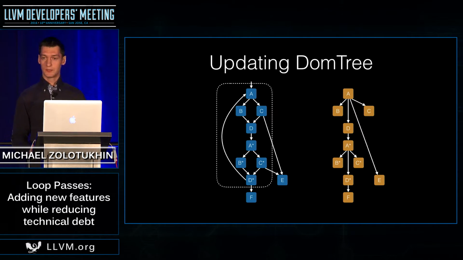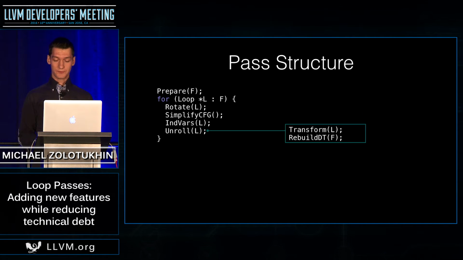And please note that we didn't even look at the rest of the function or at other loops, and this way we completely get rid of that quadratic complexity that we had before. So instead of full recomputation of the dominance tree for the entire function, we now have a cheap local update of the dominance tree.